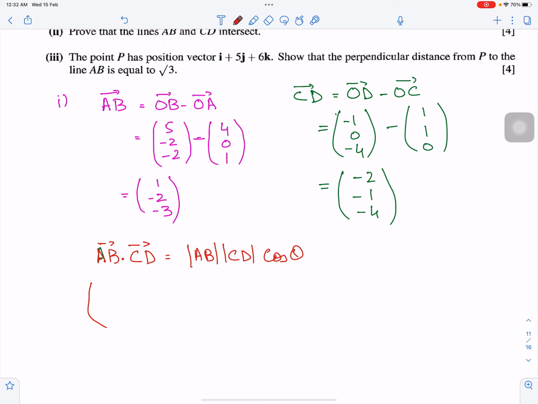AB is 1, minus 2, minus 3 and CD is minus 2, minus 1, minus 4. For the modulus of AB, you square each one of them: 1 squared is 1, minus 2 squared is 4, minus 3 squared is 9.